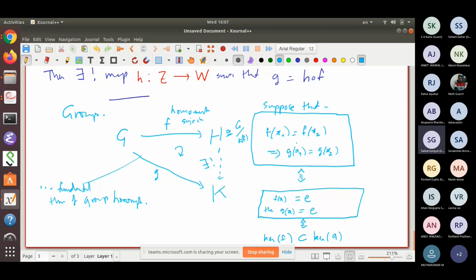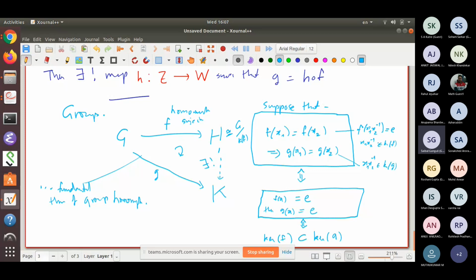You see, this is equivalent to saying that f of x1, x2 inverse equal to E, right? This is the same as this. And this is the same as saying that x1, x2 inverse belongs to kernel of f. And this amounts to saying that x1, x2 inverse belongs to kernel of g.